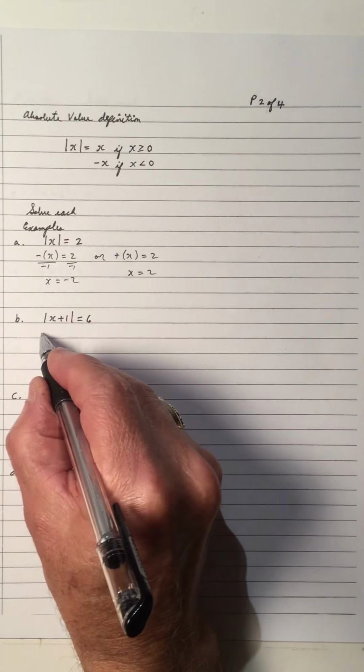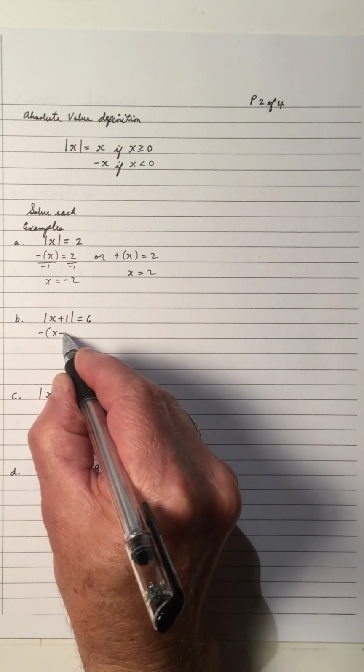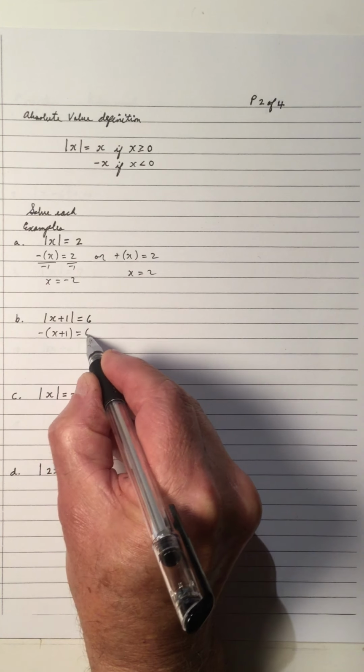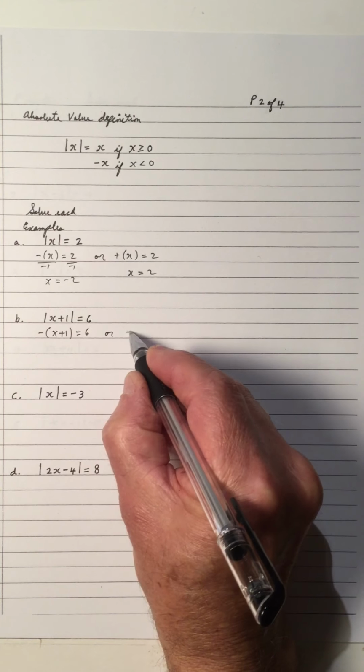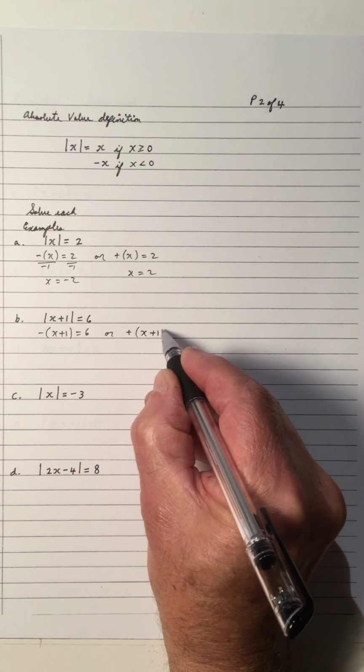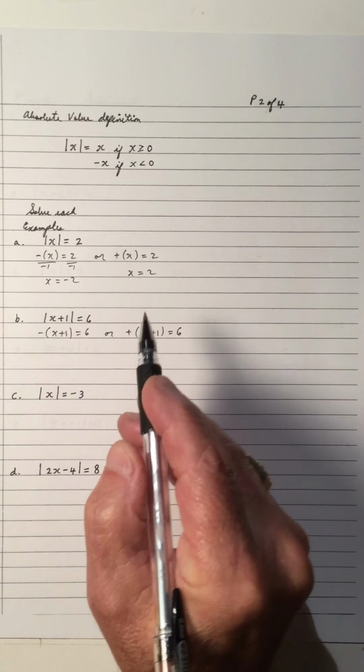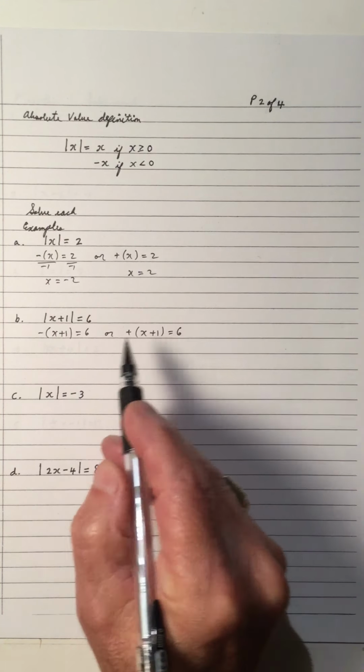And same here, I do the negative of x plus 1 equals 6, or the positive of x plus 1 equals 6. Notice I kept the 6 the same. I did the negative and the positive on what's inside the absolute value. Little trick that I use.